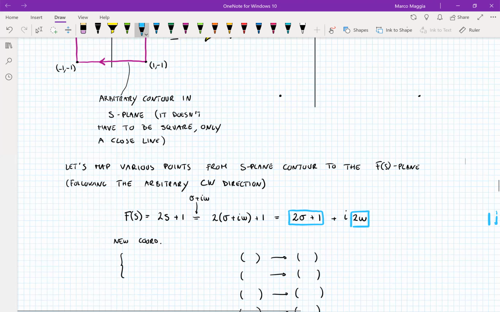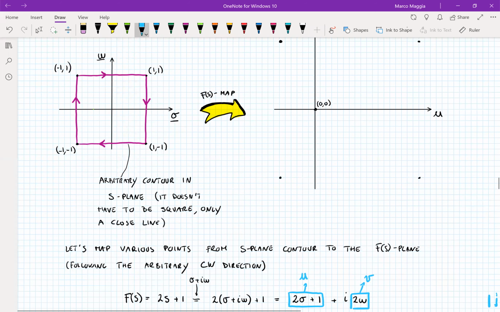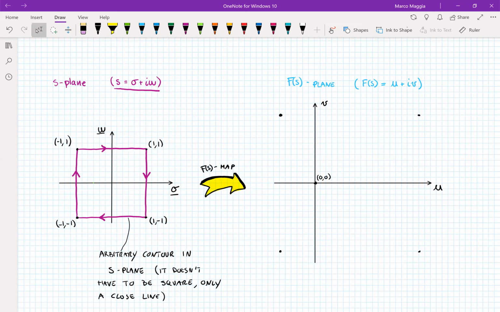So if we call our new coordinates, instead of sigma and omega, u and v, we can form another complex plane. Instead of calling it the S plane, I'm going to call it the f of s plane because it's the complex plane that is obtained through the map f of s. And so the axes are u and v.